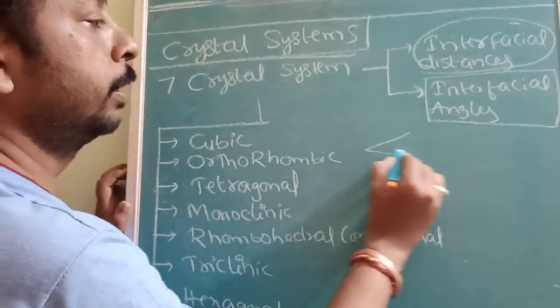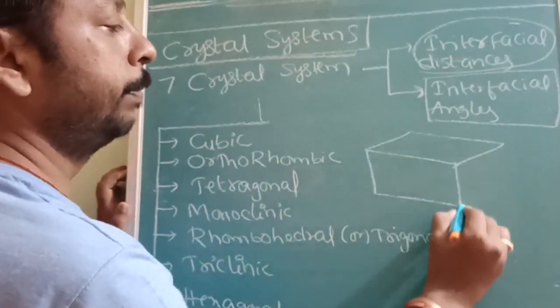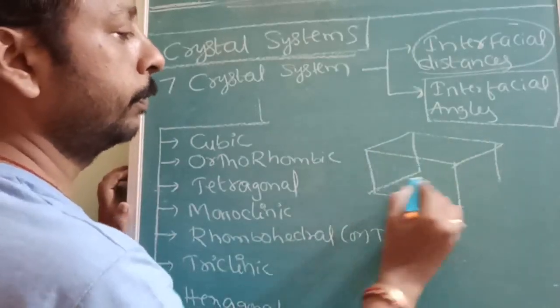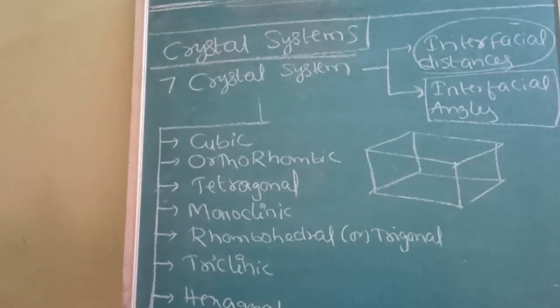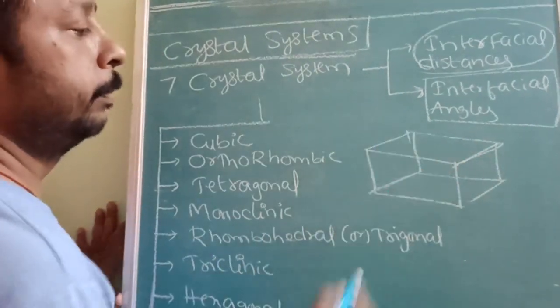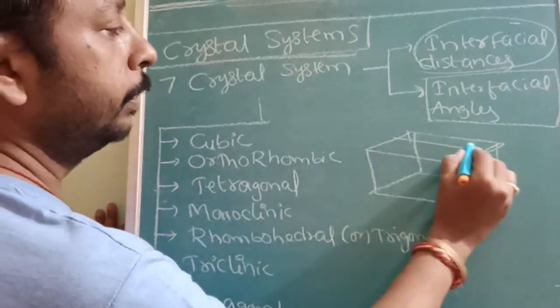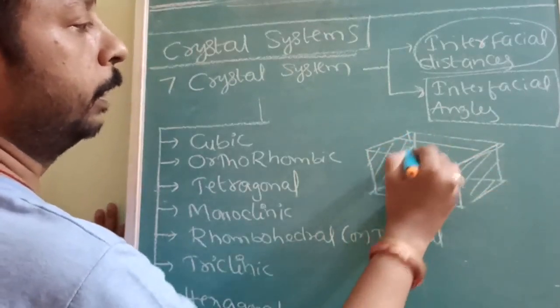Now let us take a simple cube. This is a crystal. Between these two, this is one plane, this is another plane.